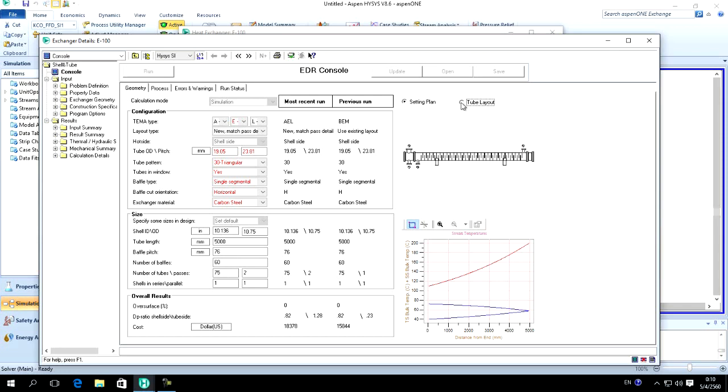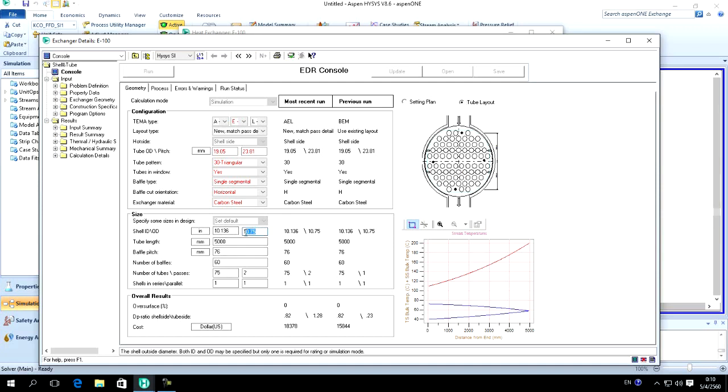So let's see the tube layout. The shell diameter might be too small, that's why I cannot put more tubes in here. So I start changing this outer diameter first to be 15.25.